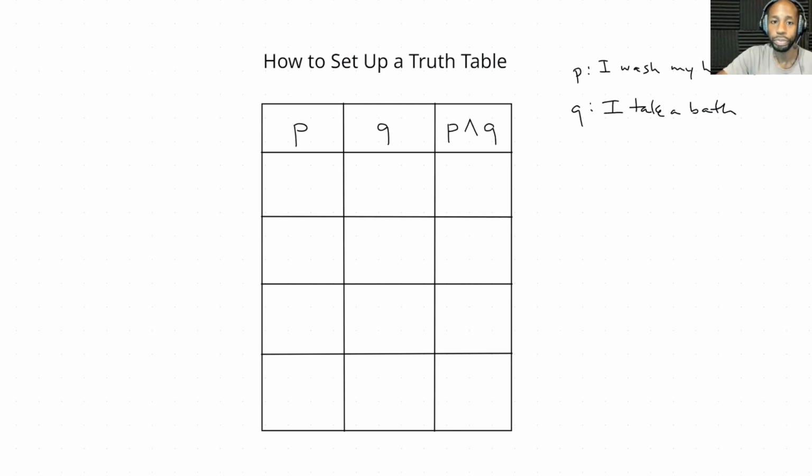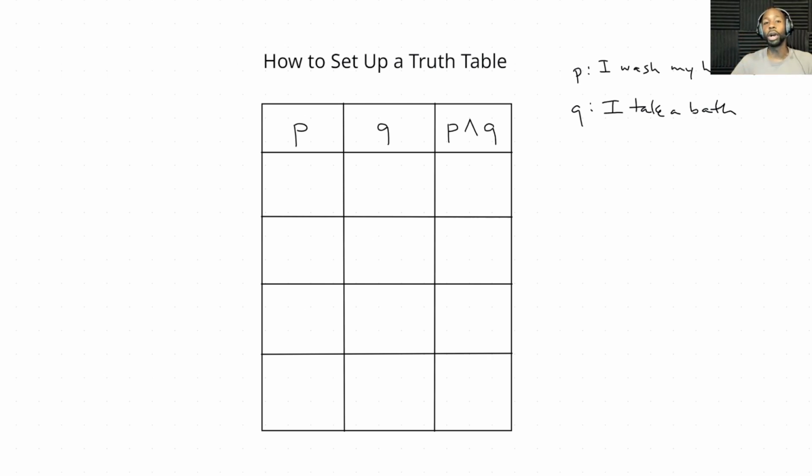Now, what we're gonna write here is, think about this. We want to know what happens when both statements are true. We want to know when one statement is true and one statement is false. Then we want to know when the other statement is false and the other statement is true.